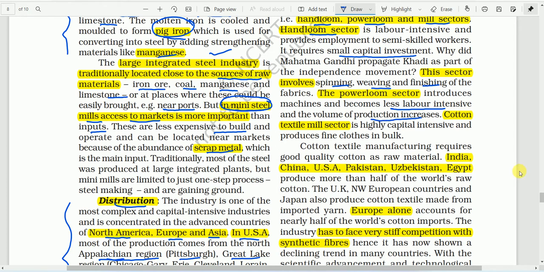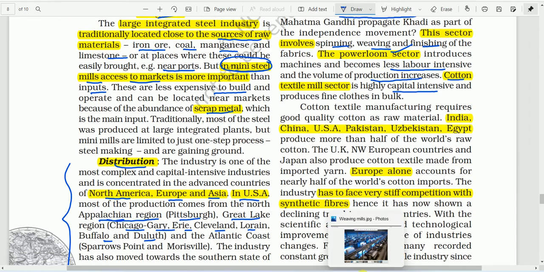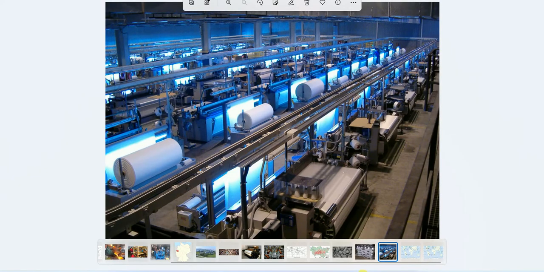It is faster because it uses machines. Then the last one, the cotton textile mill sector, is highly capital intensive and produces fine cloth in bulk. That I have shown in that picture. So this is an example of cotton mills.